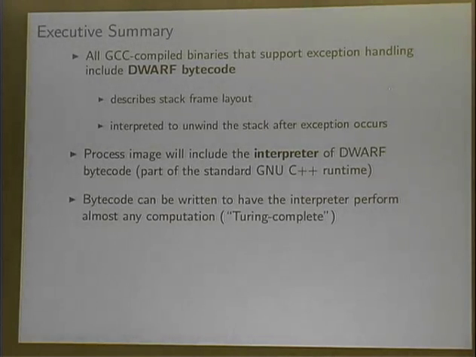It comes packaged with every GCC compiled executable. And unbeknownst to many, there is a whole virtual machine, an interpreter, that executes this bytecode to generate the data needed to unwind the exception. This bytecode is very powerful. It's actually Turing complete.